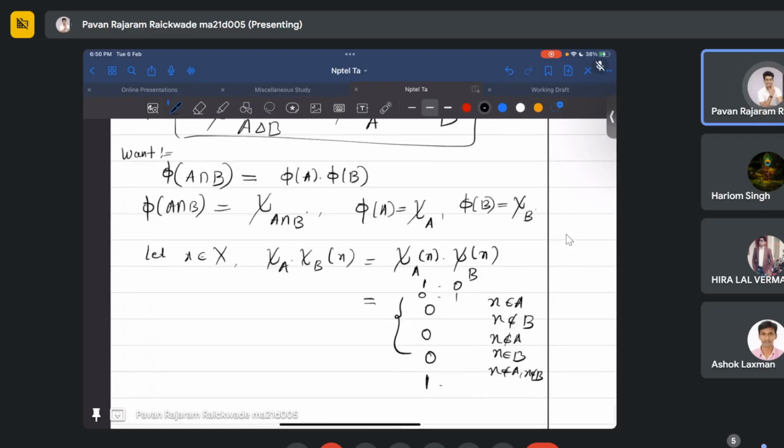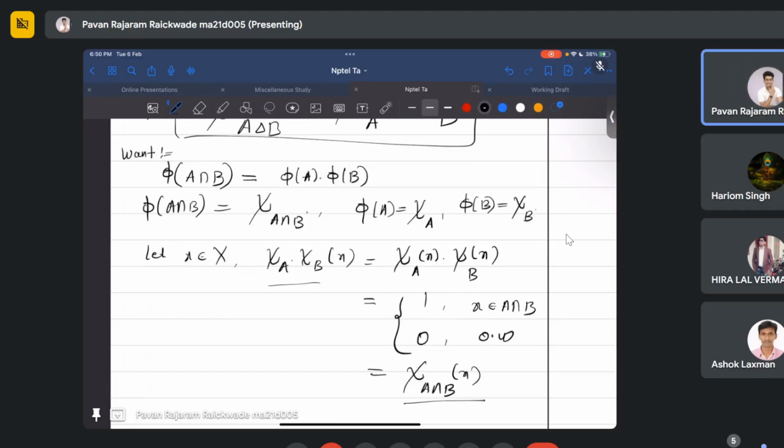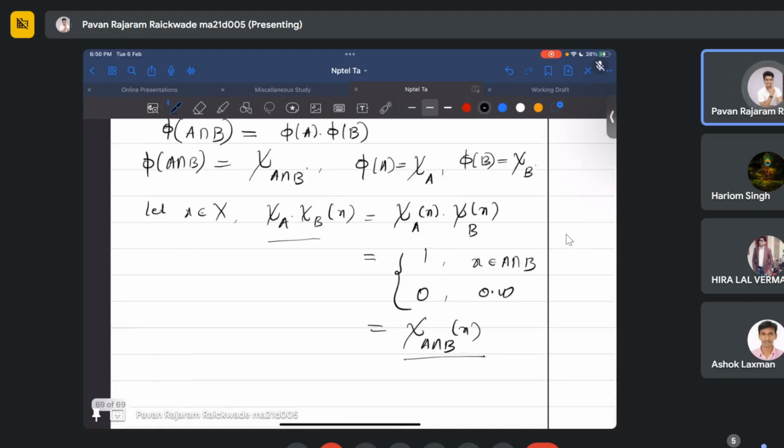So the only case where you get 1 is when x belongs to A and x belongs to B. So it is 1 when x belongs to A intersection B and 0 otherwise. But this is the same as the characteristic function of A intersection B. Then the product phi of A intersection B is the same as phi A dot phi B.